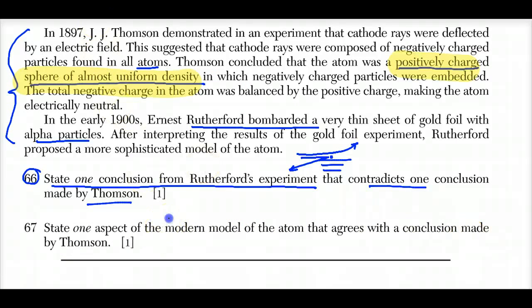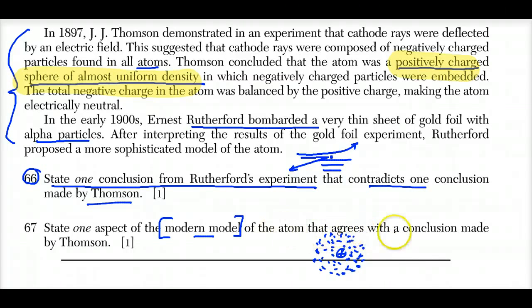Well, the modern model of the atom is the quantum model, the electron cloud model, where we have a positive nucleus, and electrons do not exist in circular orbits. They exist in orbitals, where electrons are found with high probability, and they act as waves and particles.